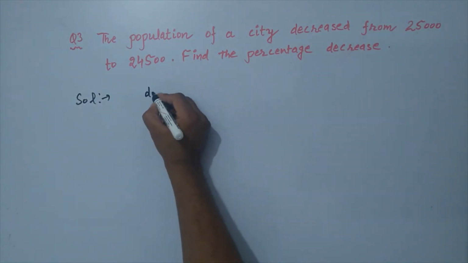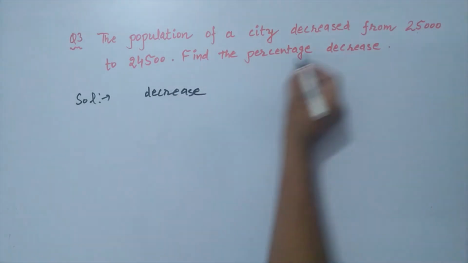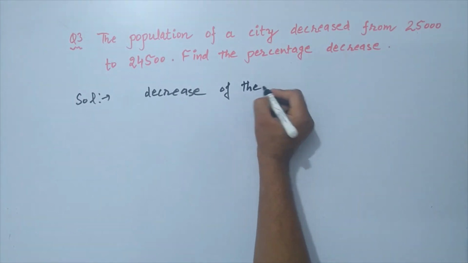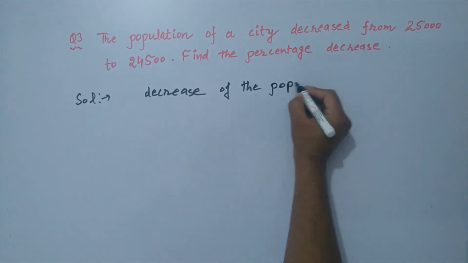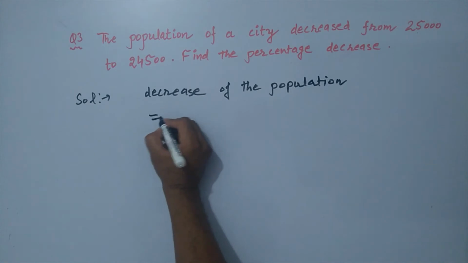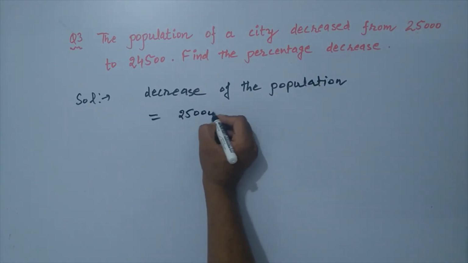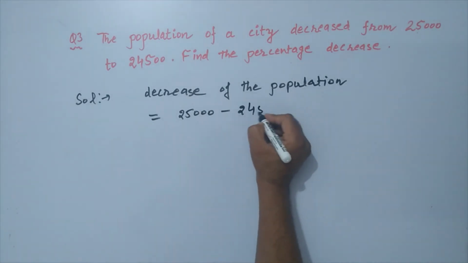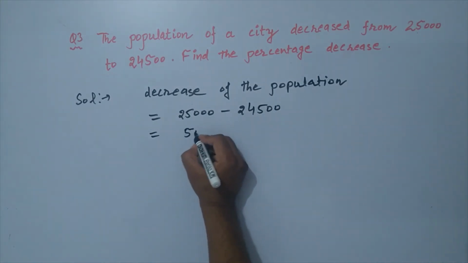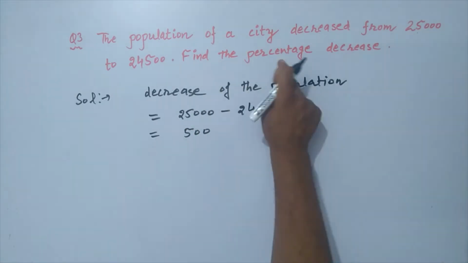Decrease of the number of the population. Decrease of the population is equal to 25,000 minus 24,500, which is 500. Right? Now what to find?